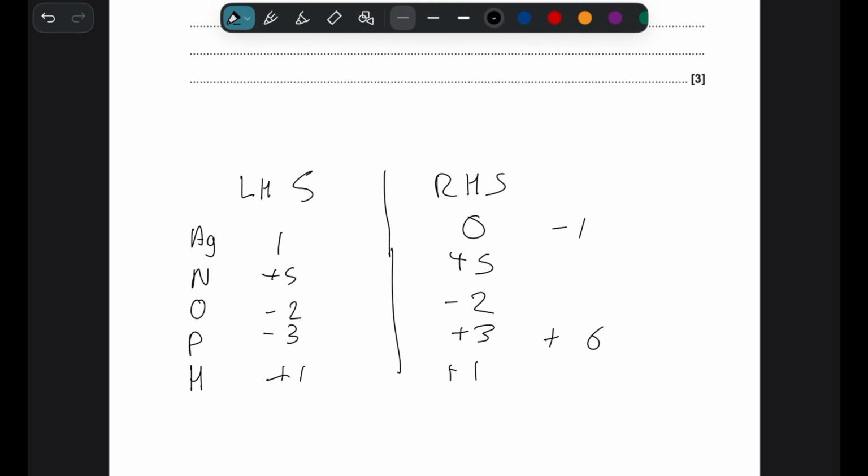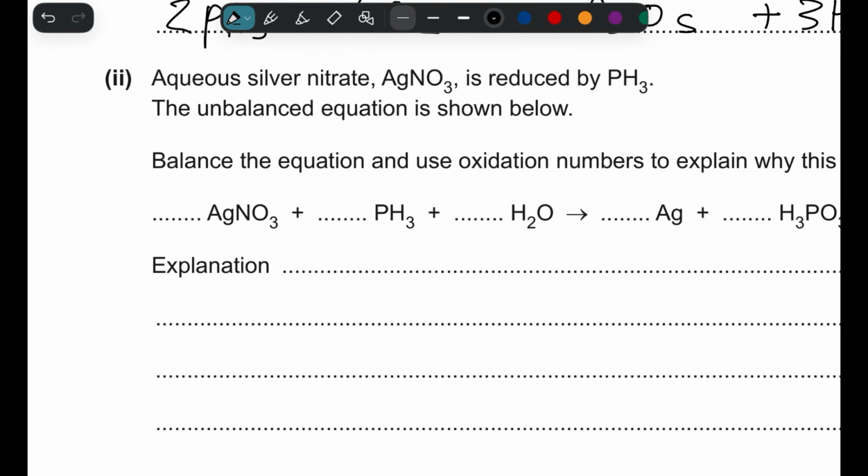So for every electron phosphorus gains, silver has to lose. Does that make sense? No, sorry, it's phosphorus loses 6, silver gains 1, basically. So the 6-to-1 ratio between silver and phosphorus is what we need to make clear. That means we need to put a massive 6 here.